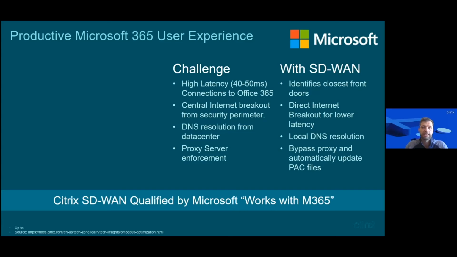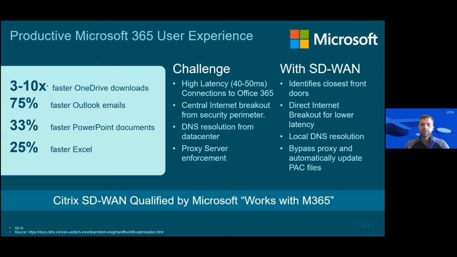And then along with Quad 9 for local DNS resolution, users would still need to access the internet via the proxy, but at least those specific Office 365 connections were now automatically added to the PAC file to bypass the proxy. In this case, the company just had a policy of users having to connect via the proxy.